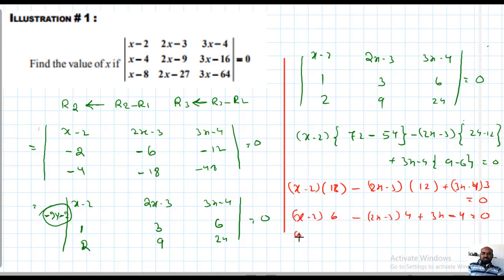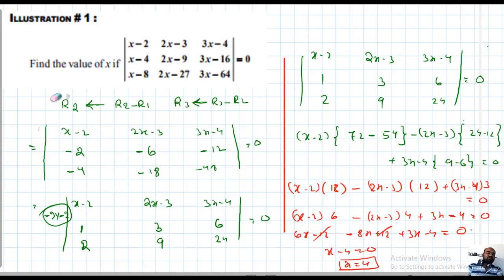So now 6x minus 12 minus 8x plus 12 plus 3x minus 4 equal to 0. This 12 gets cancelled. x minus 4 equal to 0. Therefore x equal to 4. 4 is the required value of x.